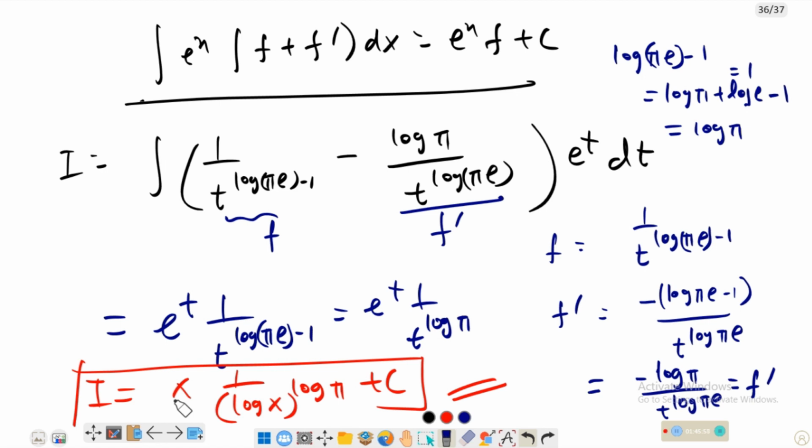So what is our question number 16? We come to question number 16 because I left this question.